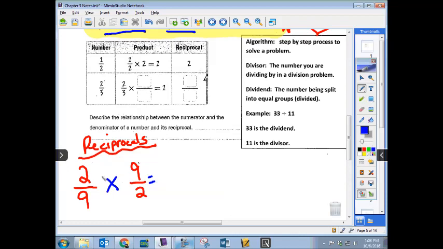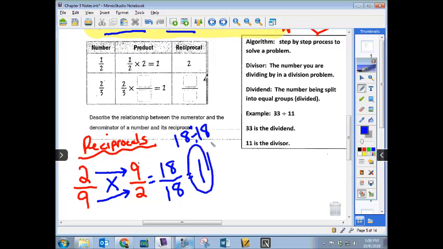Remember when we multiply fractions, we do top times top, then bottom times bottom. That's going to give me 18/18. Whenever you have a fraction that is the same number out of itself, we know that always equals 1. Basically that's saying 18 divided by 18, because all fractions are division problems, and that equals 1. Any number divided by itself gives you 1.